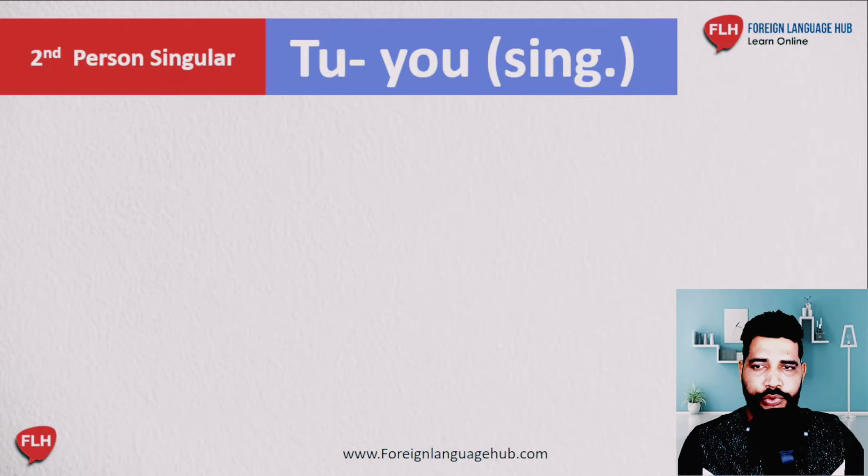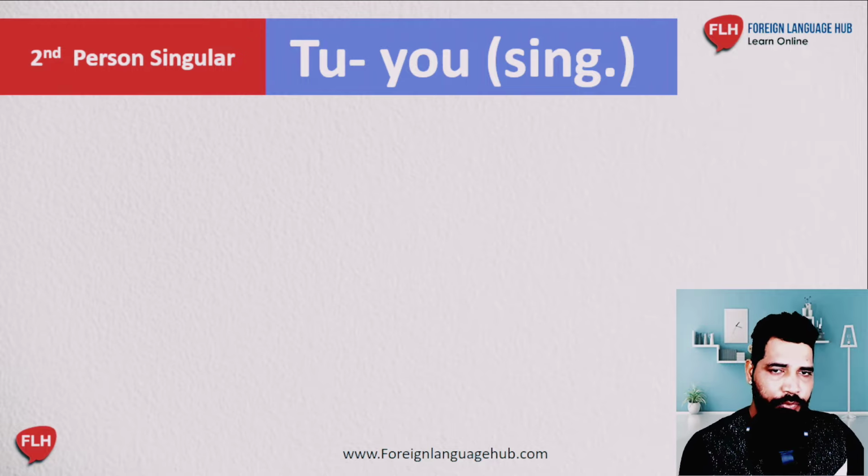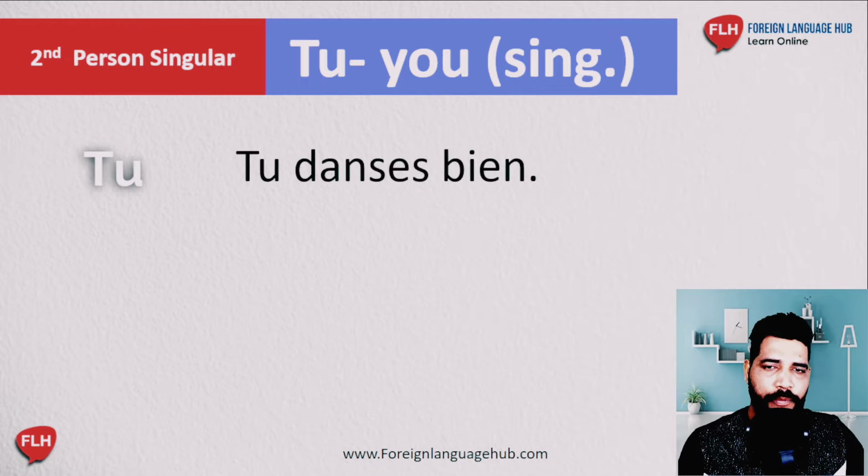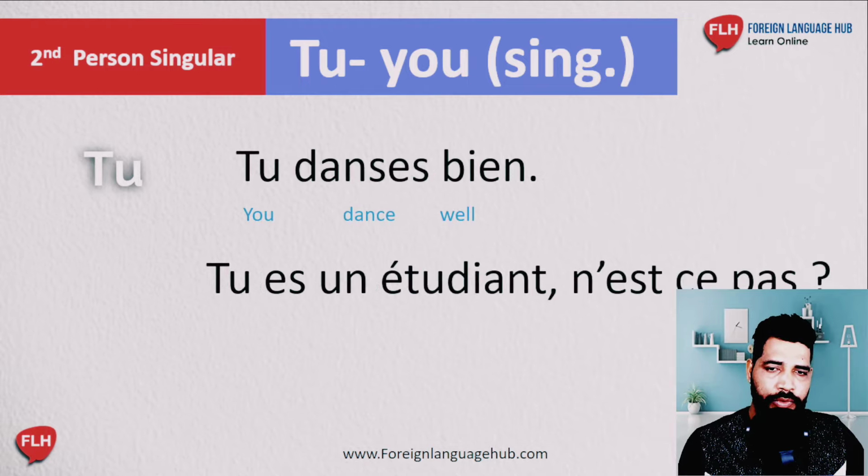Move on to tu, second person singular, tu, which is used for singulars. Tu danses bien. You dance well. Tu es un étudiant, n'est-ce pas? You are a student, isn't it?